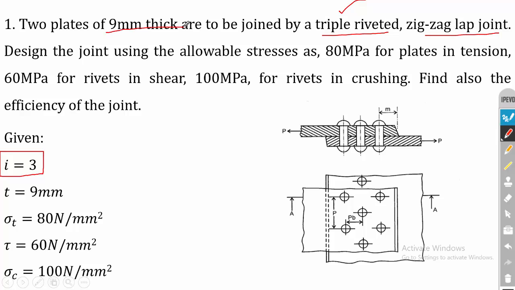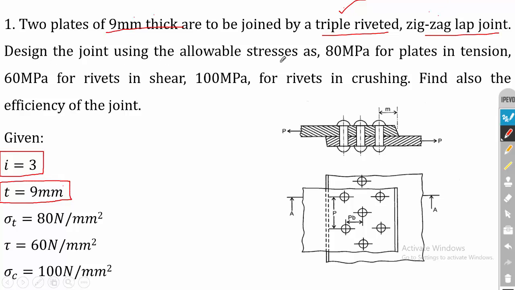Since the plate thickness is directly given, T is equal to 9 mm, and the type of riveting is zigzag.